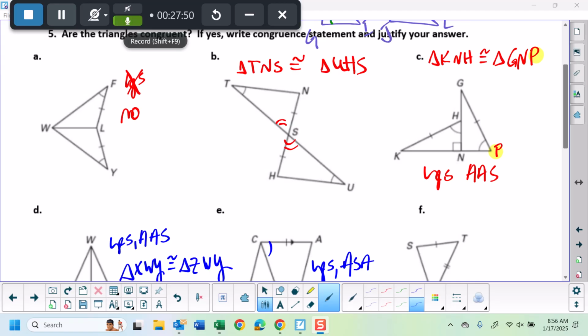Okay, so when I used to teach this before the times of Delta Math, we used to not let kids write angle, angle, angle, or angle, side, side, because they are not congruent postulates. Are you with me on that? Then Delta Math comes along and it asks you how are they related.